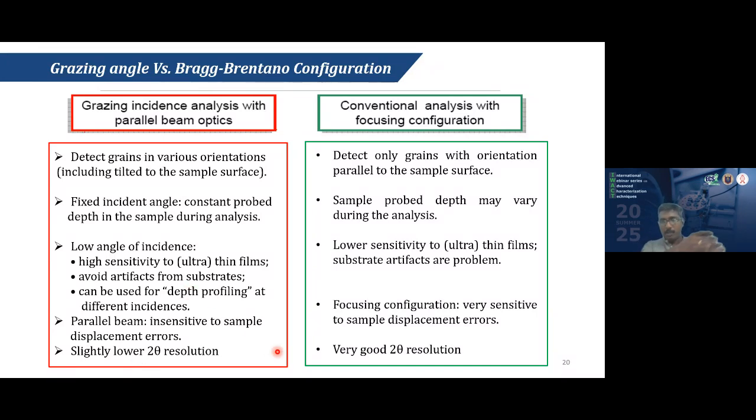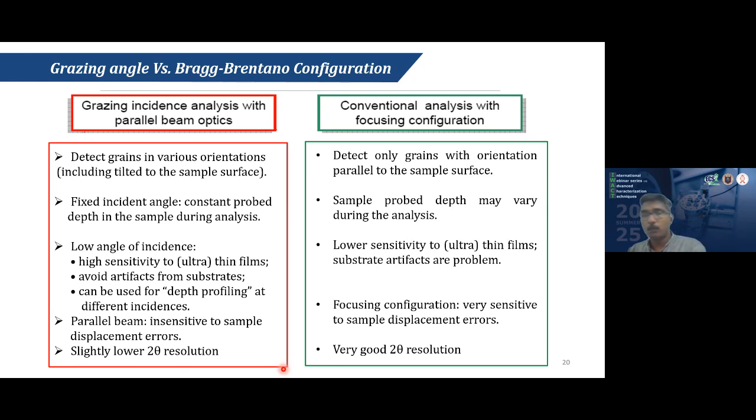Whereas in glancing incidence, since we are using a shallow angle of incidence, the X-ray footprint on the sample will be elongated along the surface. This contributes to peak widening, so it has slightly lower 2 theta resolution than normal XRD.